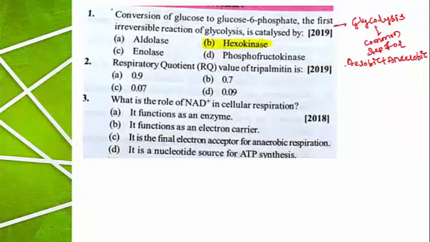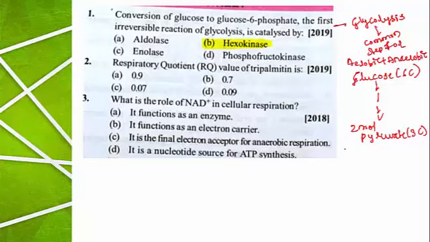During glycolysis, 1 molecule of the 6-carbon compound glucose is stepwise broken down and converted into 2 molecules of pyruvate or pyruvic acid, and this is a 3-carbon compound.